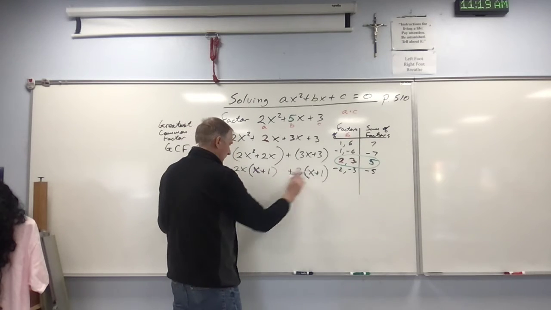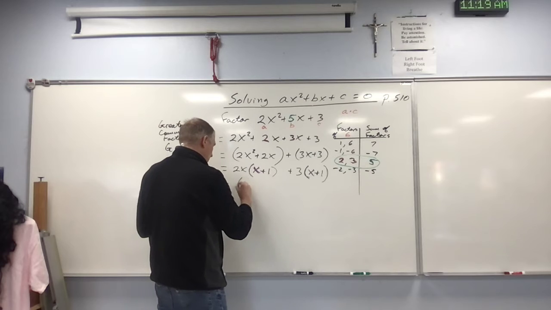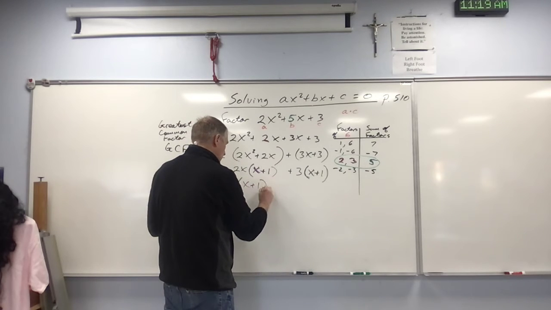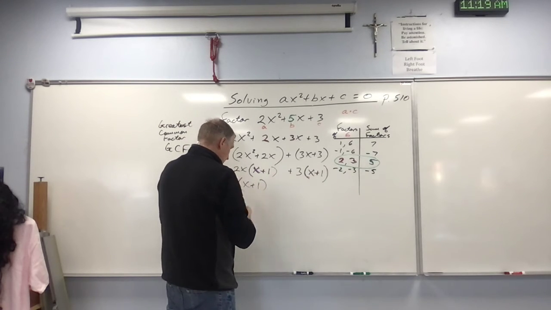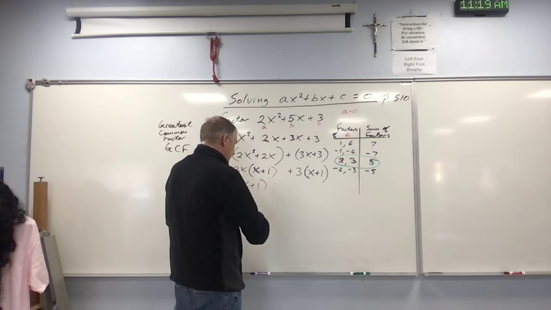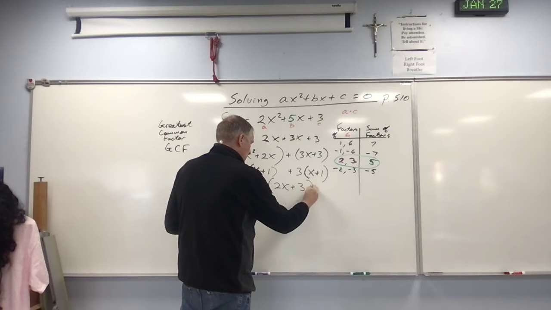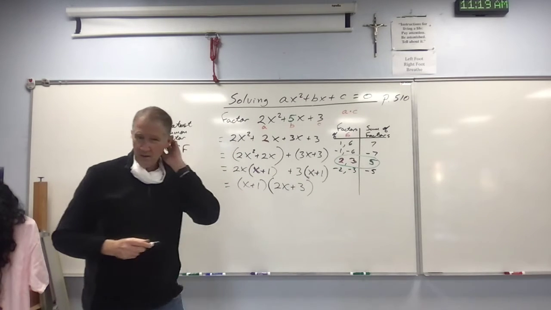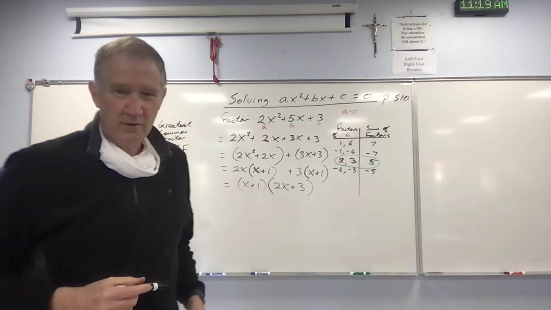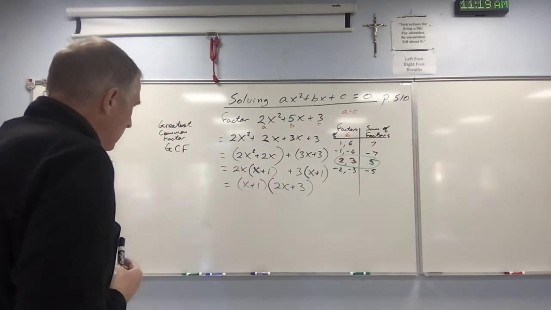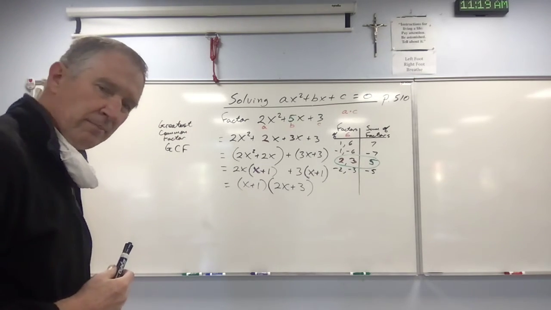I can factor out x plus 1 to the side here. And what's left is 2x plus 3. Again, this is a tricky topic. And that's completely factored. Okay?